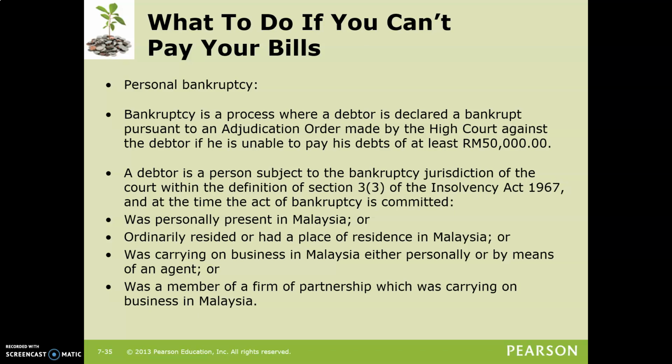A debtor is a person subject to the bankruptcy jurisdiction of the court within the definition of Section 3, Subsection 3 of the Insolvent Act 1967, and at the time the act of bankruptcy is committed, was personally present in Malaysia, or ordinarily resided and had a place of residence in Malaysia, or was carrying on business in Malaysia either personally or by means of an agent, or was a member of a firm of partnership which was carrying on business in Malaysia. So this is under personal bankruptcy.